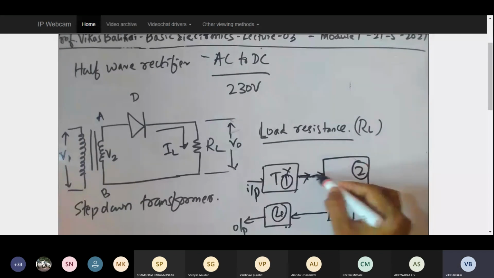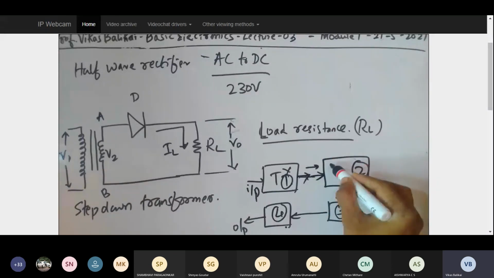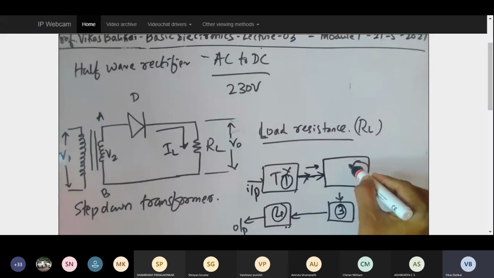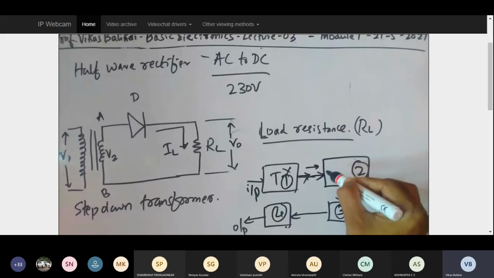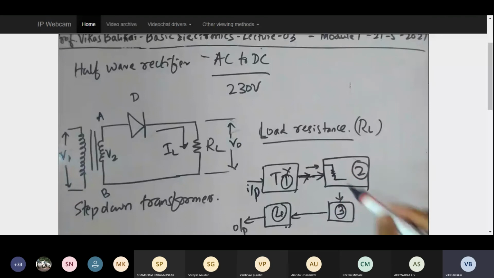Let's say current is coming over here. When the current enters block number 2, immediately on entering, what is the first component it will come across, or that the current has to pass through? That will oppose some resistance.